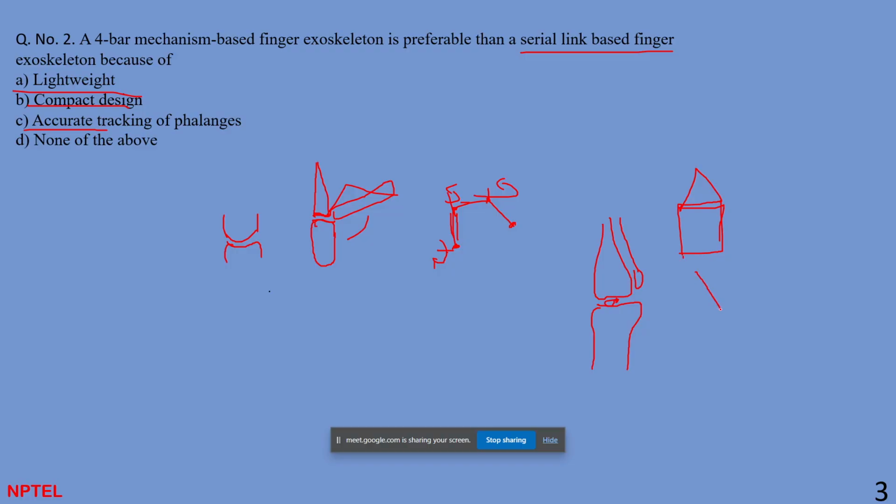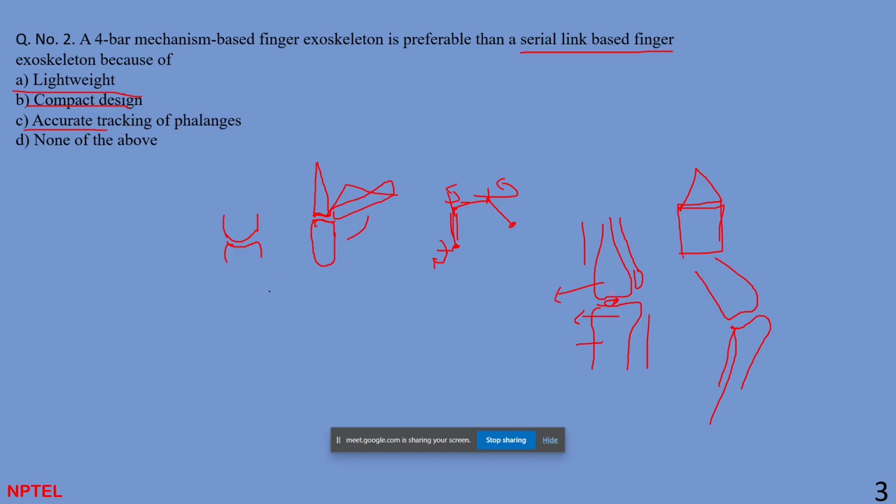But when you bend your knee, the center of rotation actually does not only rotate, but the femur also translates. This is the femur, this is your thigh part, and this is your shin part.